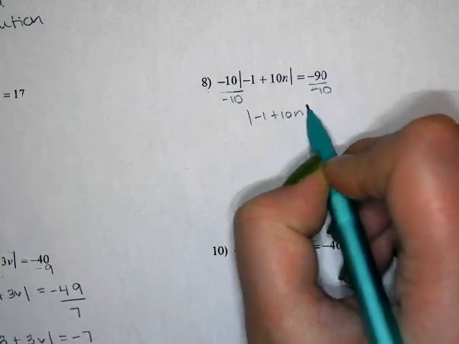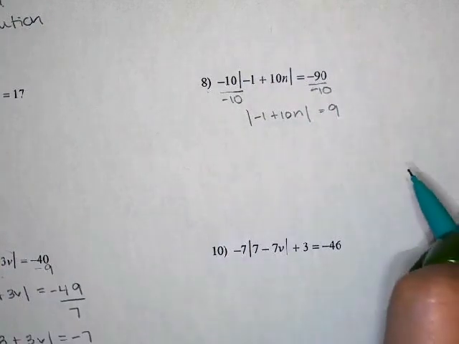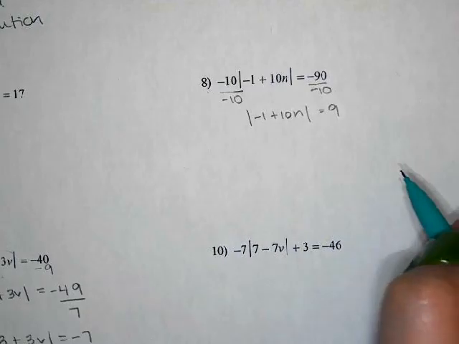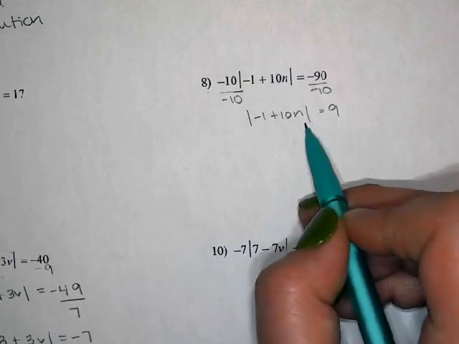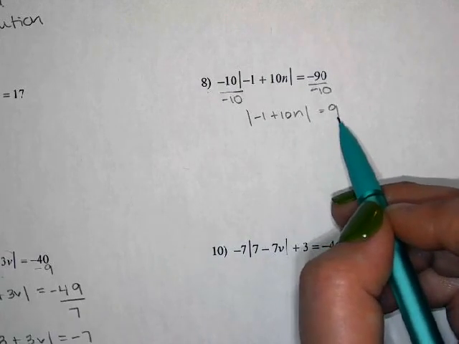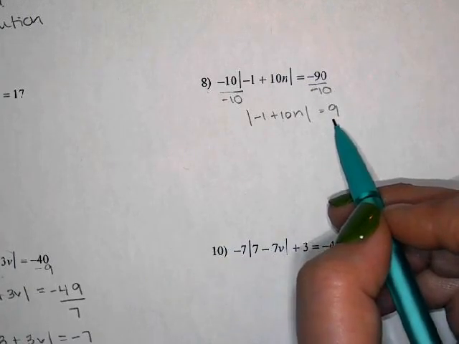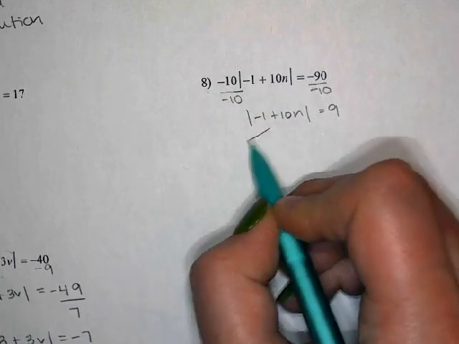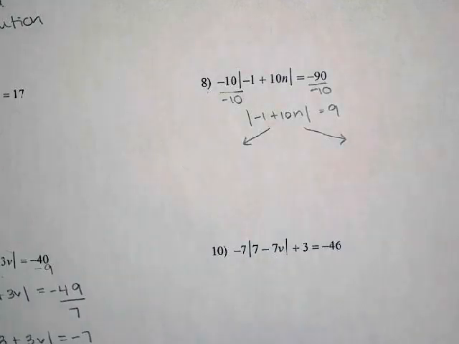Okay. So when we end up with the absolute value equaling a distance of 9, now we can say, all right, there were 2 equations from this. There were 2 ways we could have gotten that distance of 9, right? What were the 2 ways? Negative and positive. Okay, so what should I be writing?